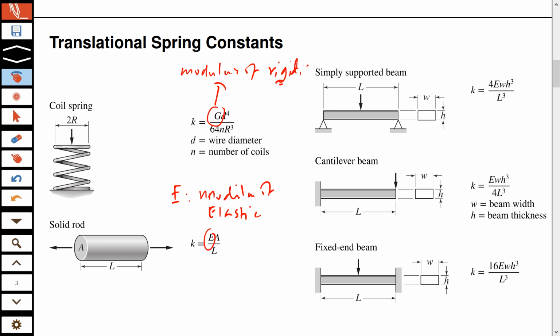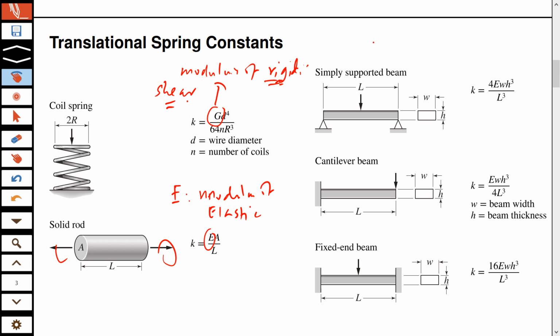Elasticity is when you are focusing on the normal load, and modulus of rigidity is important when you are considering the shear, shear stress.